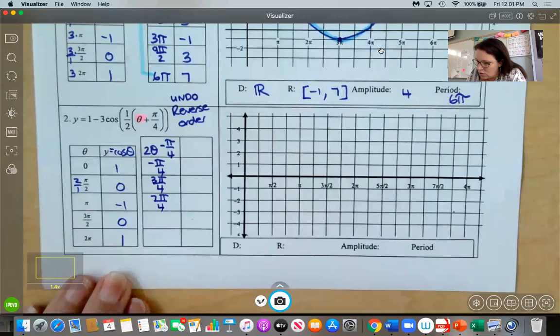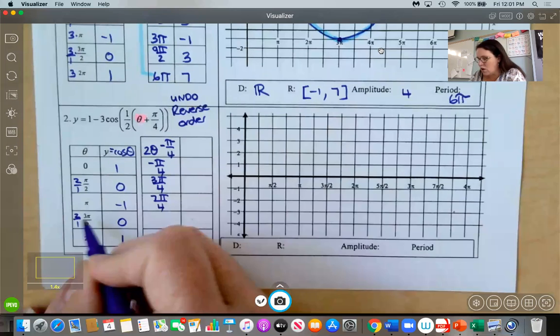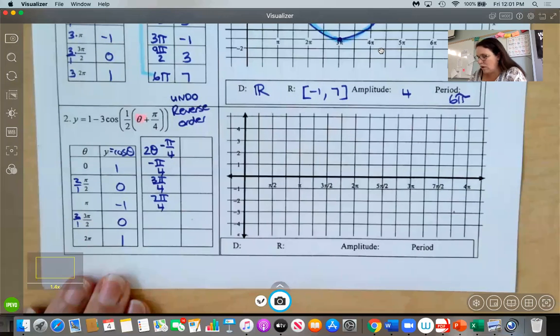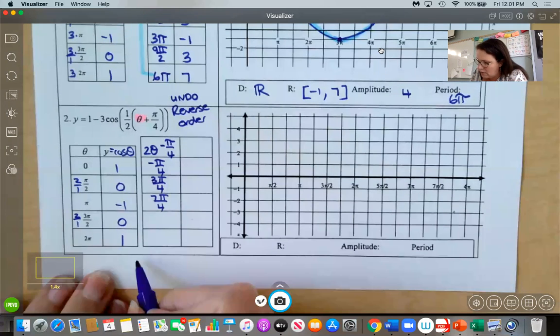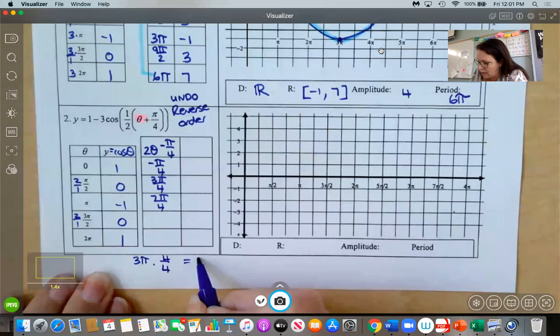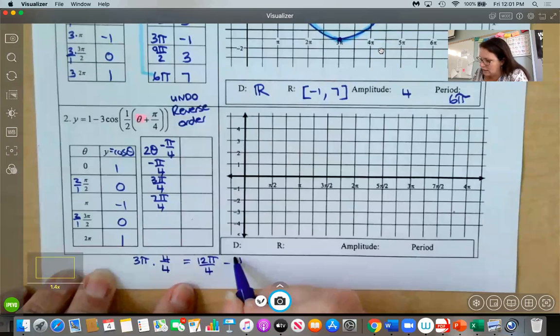If we do 2 times 3 pi over 2, that's going to give us 3 pi, and 3 pi minus pi over 4, we might need to do a little calculation with that. If we do 3 pi, and we need a common denominator, that's going to give us 12 pi over 4 minus pi over 4, that's going to equal 11 pi over 4.